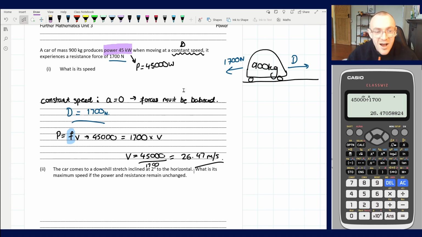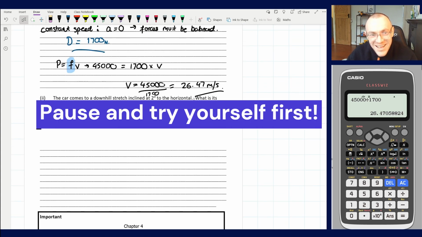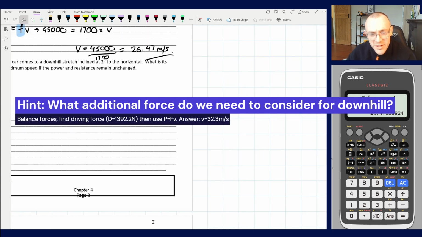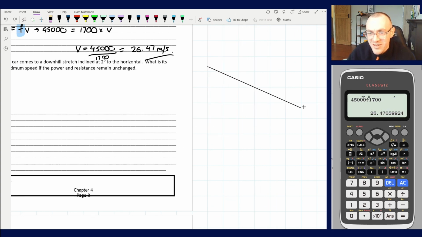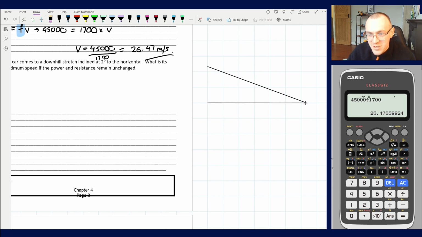Cool. Oh, something else here. A hill suddenly. New diagram, I guess. I'm going to tidy this up. I'm going to do it properly. This is a very steep 2 degrees, just for the sake of seeing what's going on here.